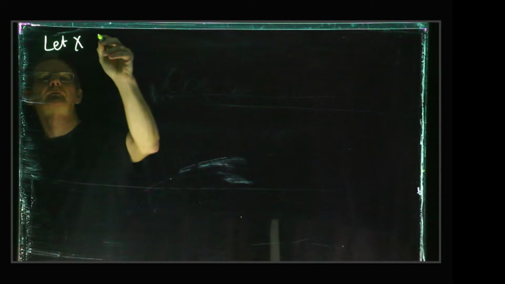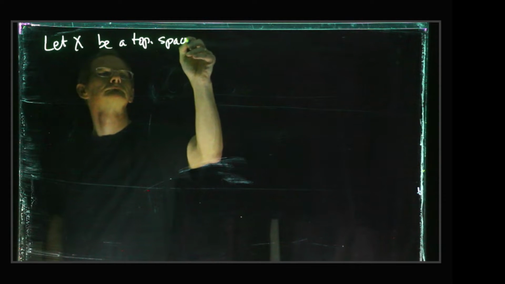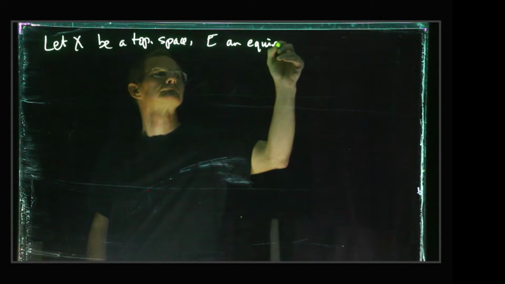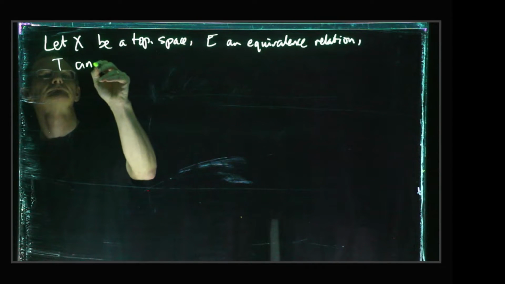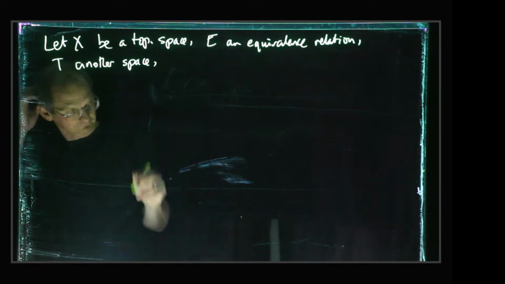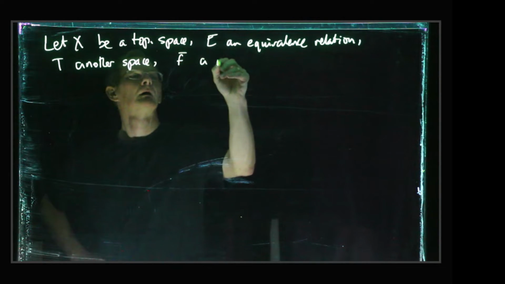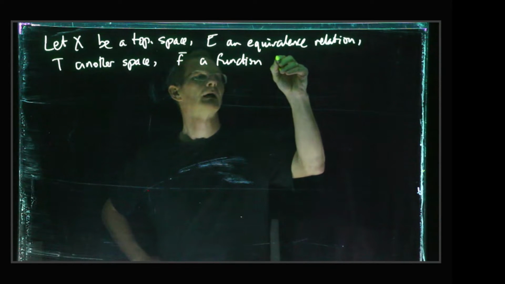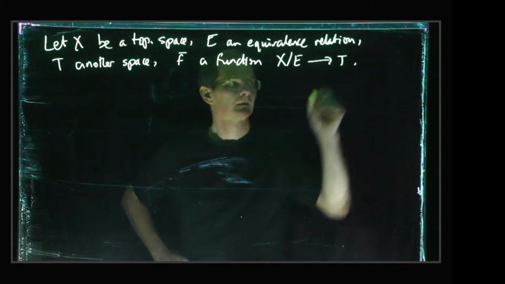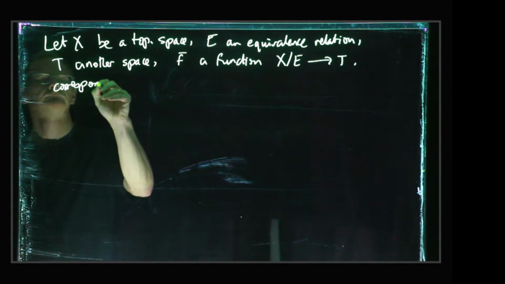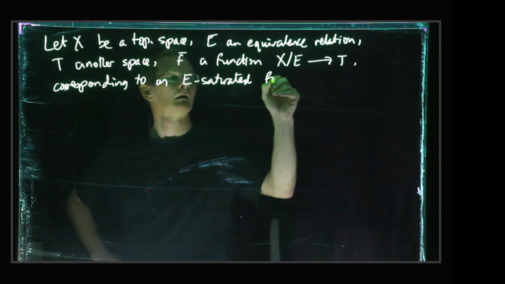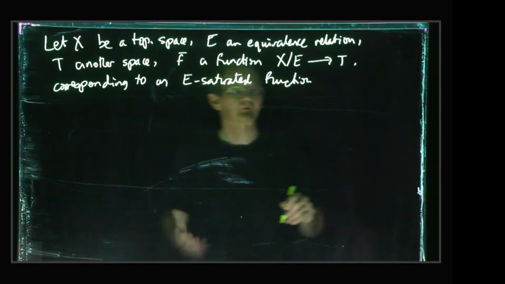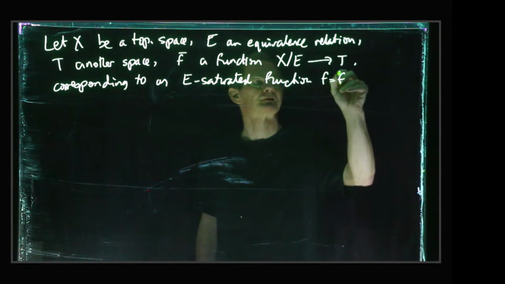Okay, so again we let X be a space, E an equivalence relation, T another space, and f bar a function from X mod E to T. And so that, as we've discussed before, corresponds to an E-saturated function, which is f bar composed with pi.